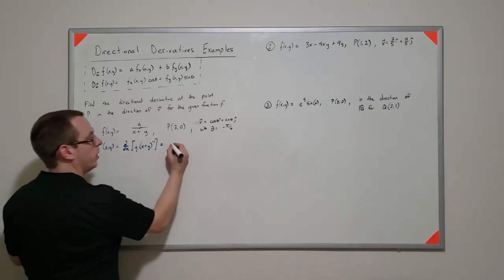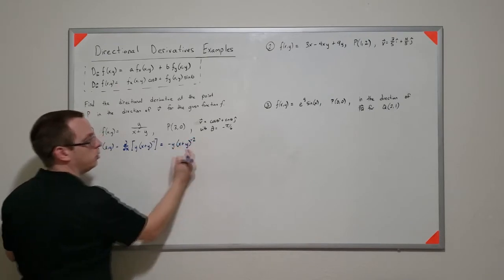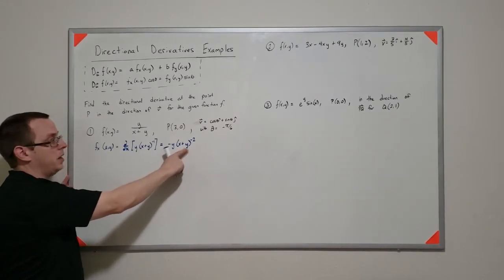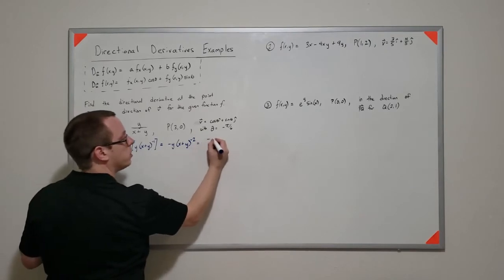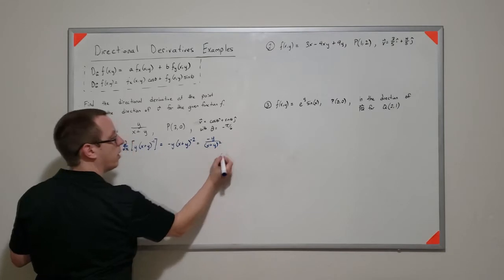You bring down the negative 1, you end up with negative y times x plus y to the negative 2. But if we take the derivative of the inside, again, y is constant, derivative of x is 1. So that leaves us with negative y over x plus y squared.